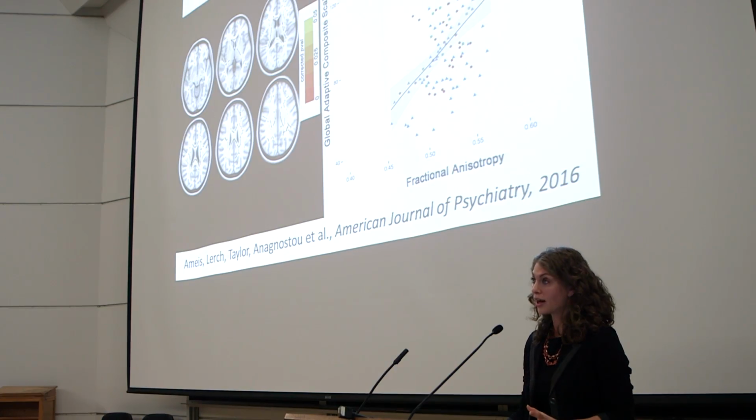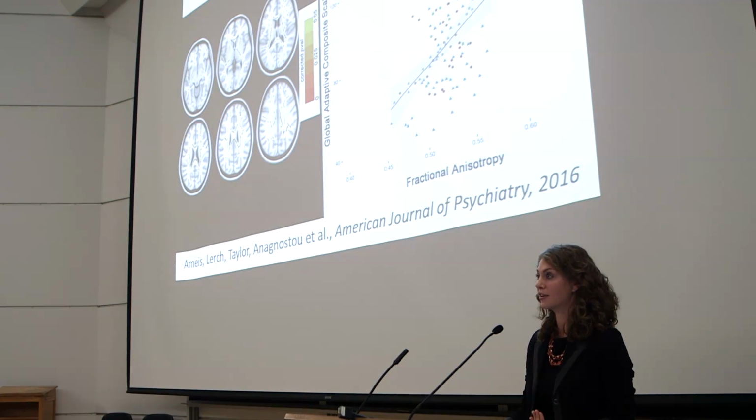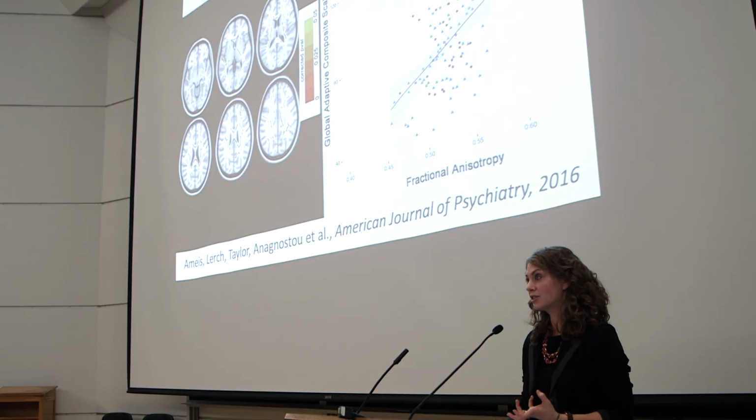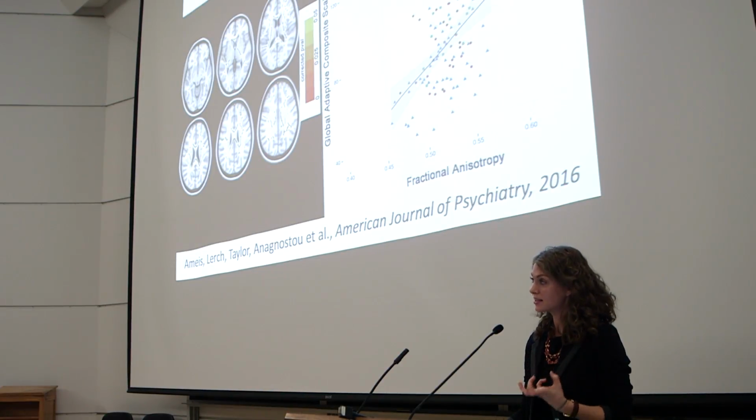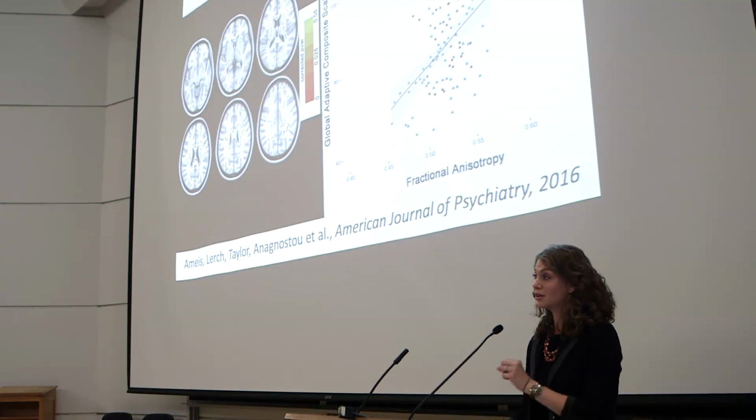The worse your everyday functioning, the worse your white matter looked. And so we've been talking a little bit about how we translate findings in brain imaging and neuroscience into the clinic. And one of the things that we're trying to look for is biomarkers, markers of difference that you can actually go after with a treatment.